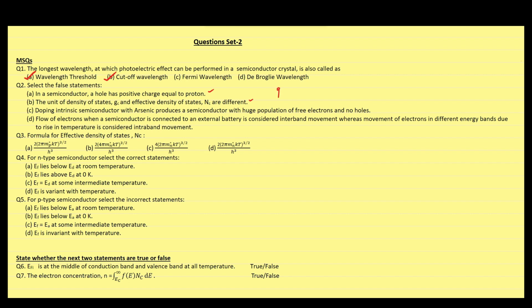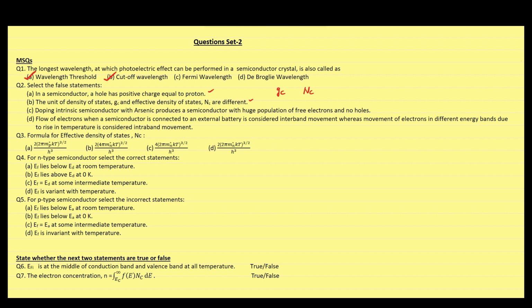The density of states Gc is defined as the density of states per unit energy per unit volume. However, effective density of states Nc is defined by density of states per unit volume. So the units for these two parameters will be different.